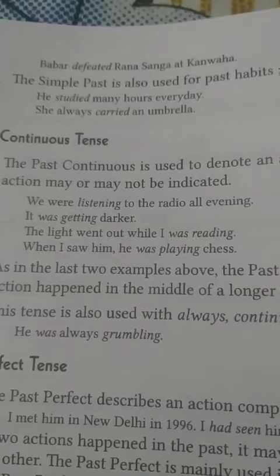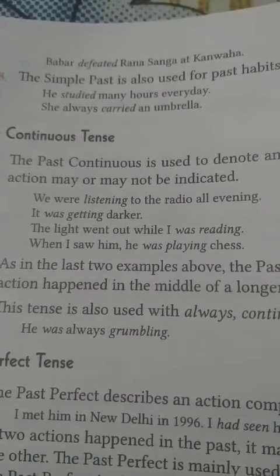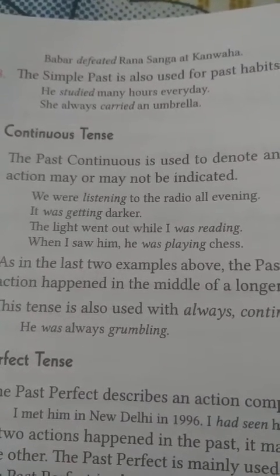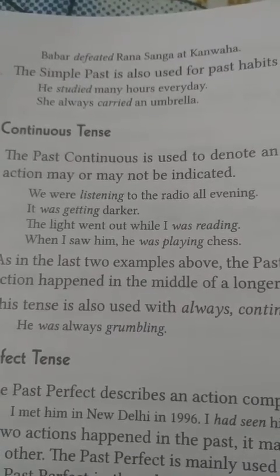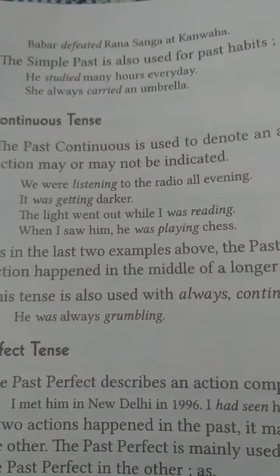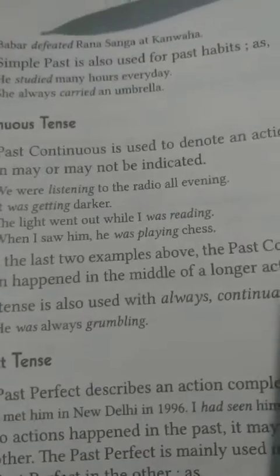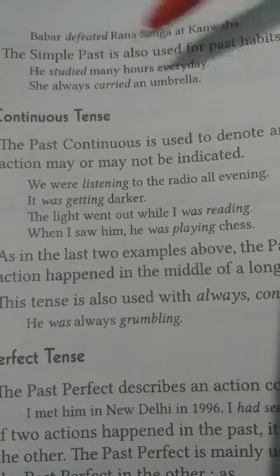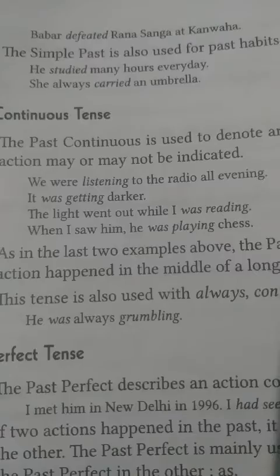Sometimes we may not have an object; instead of an object we have only phrases, either a phrasal adverb or any other word. So we use the simple past tense to tell past habitual actions.